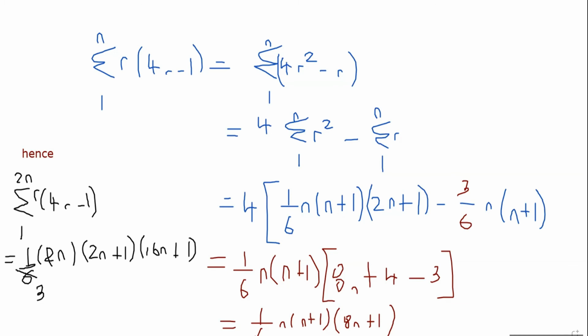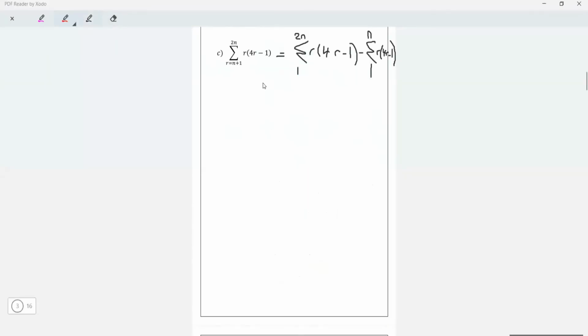And so, in writing the final answer, we can write that this works out to be equal to, we saw that this was 1 over 3n times 2n plus 1 times 16n plus 1, and then we're subtracting 1 over 6n times n plus 1 times 8n plus 1.